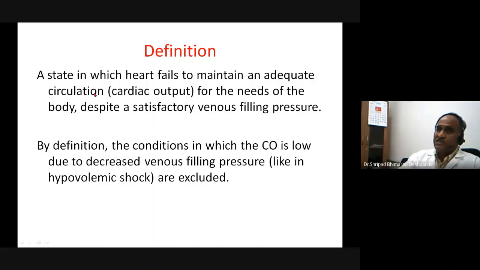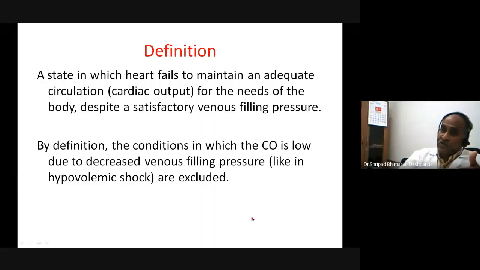The condition is decreased cardiac output, and the venous filling pressure is adequate, it is normal, it's not falling. By definition, the conditions in which the cardiac output is low and there is a decreased venous filling pressure are excluded, just like a hypovolemic shock. In this condition, the cardiac output is low because of the decreased venous return.